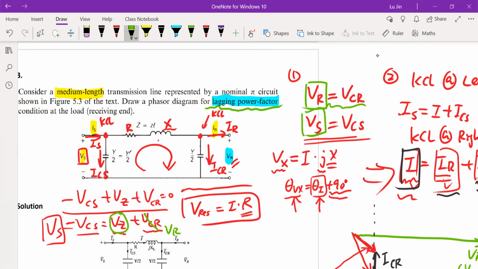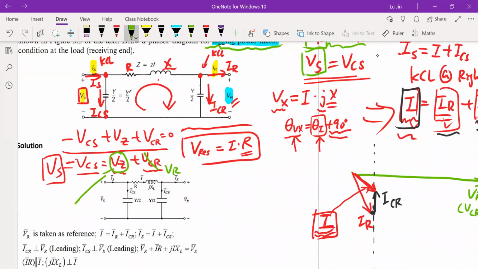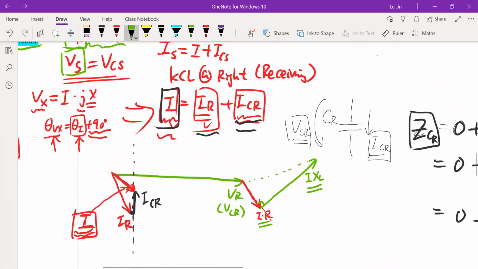VZ can be interpreted as VR, the resistor voltage, plus Vx. We have done this part, right? So this dashed line is actually the VZ. VR is the horizontal reference voltage.